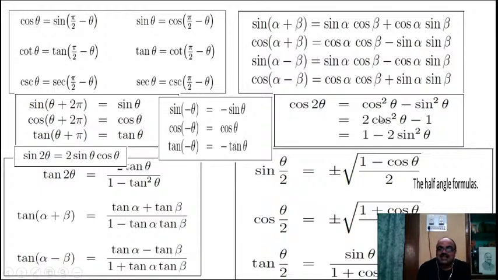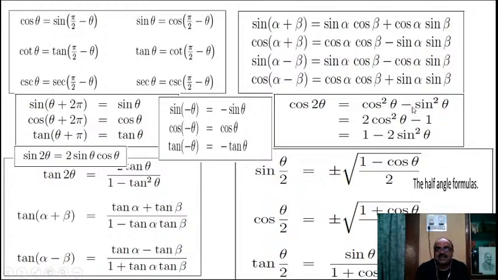Cos of 2 theta is written in 3 different formats. One is cos square theta minus sine square theta. Friends, you need to be very careful. We have learnt a formula cos square theta plus sine square theta, that's a different one where it is 1. Whereas cos square theta minus sine square theta is cos 2 theta. 2 cos square theta minus 1 is cos 2 theta. How did this come?